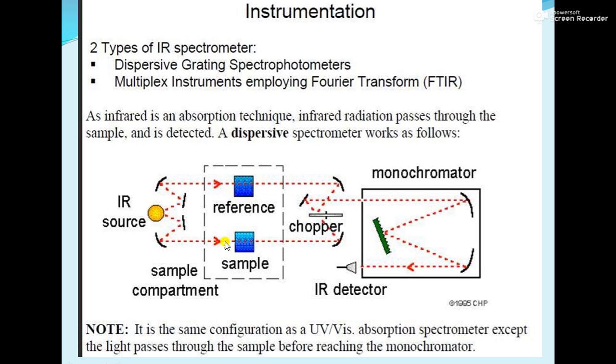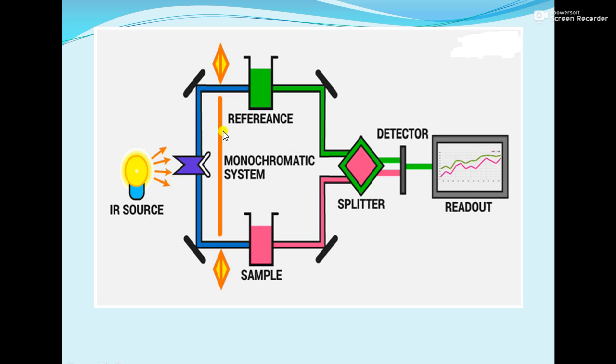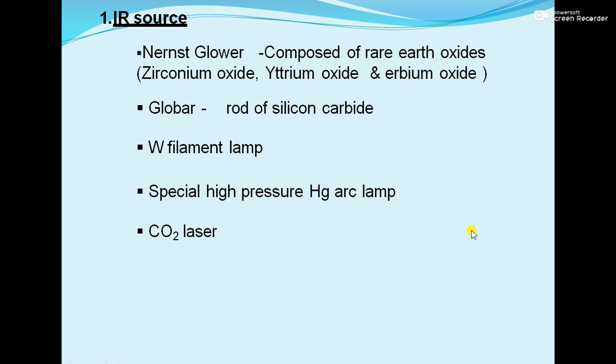And then the radiation passes through the sample and we get the IR data ratio, and finally we get the result. So as you can see, this is another diagram: IR source, the reference, the sample, the splitter, the detector, and finally we get the readout.